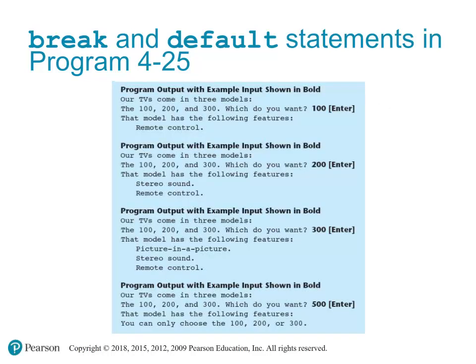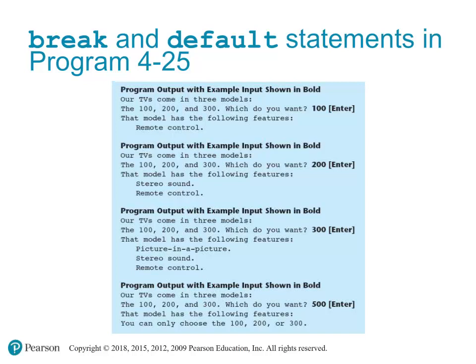Here is the program output. If the user enters 100, the model has the following feature: remote control. If the user enters 200, the model has the following features: the extra feature, which is stereo sound, and remote control.